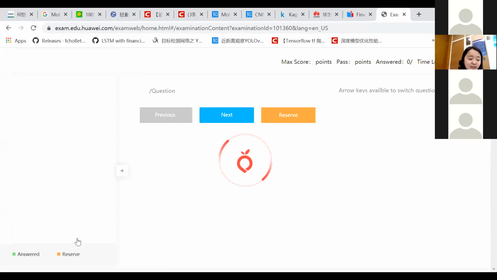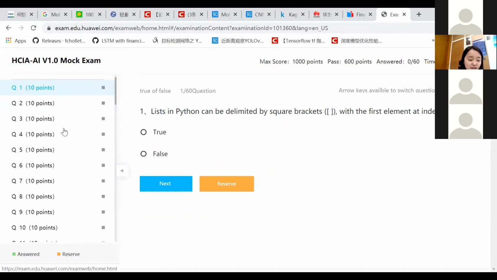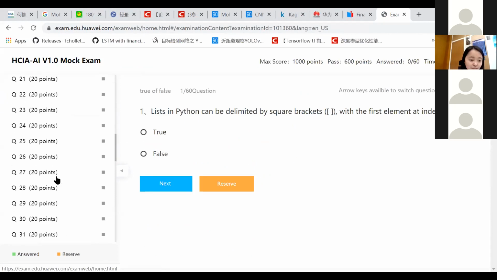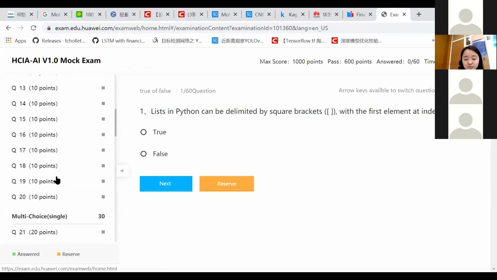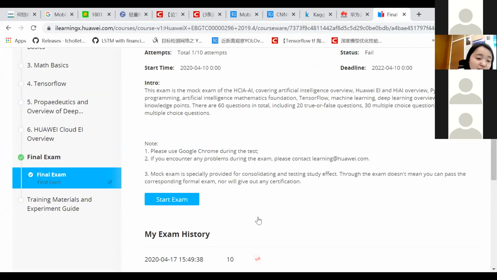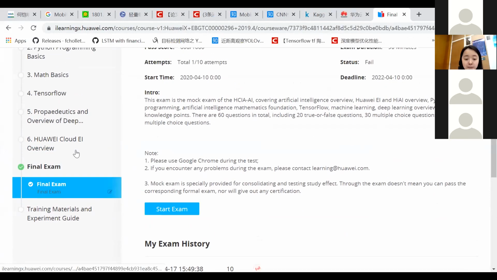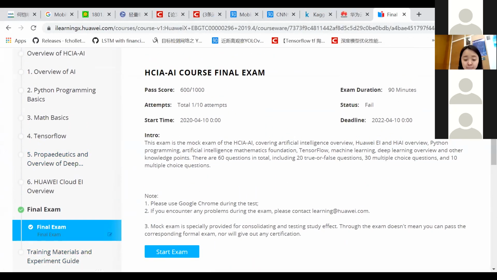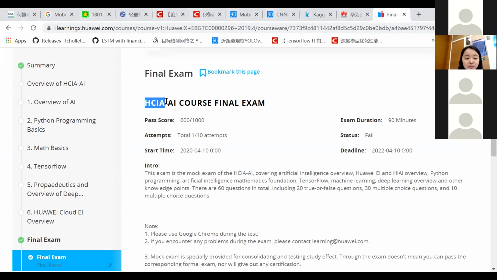You will see these are the questions. That's the MOOC exam. To pass the certification exam, you need to practice, and you can practice with the MOOC exam.